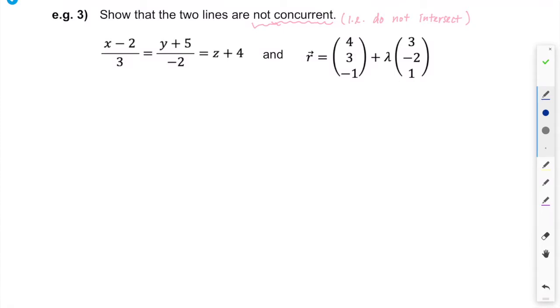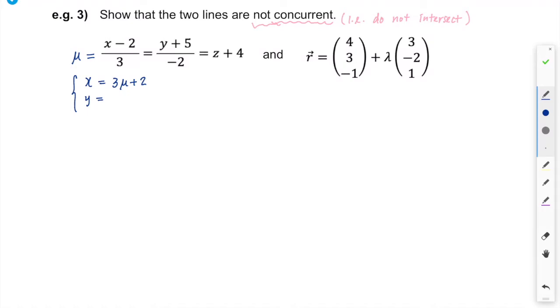and because line 2 in vector form has a scalar of lambda, I'm going to use a different letter, say mu, to represent the scalar multiple of the direction vector of line 1, because I think it's easier if I can write this in parametric form. So x is equal to 3 mu plus 2.